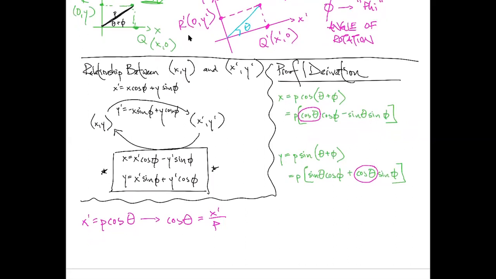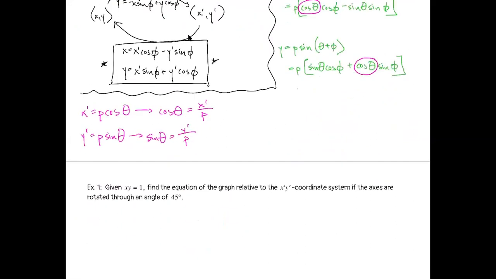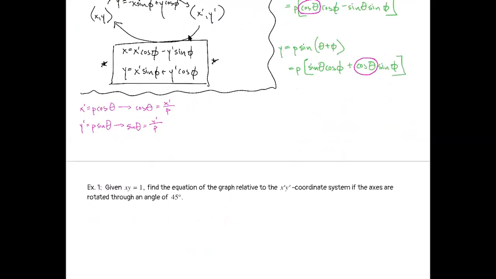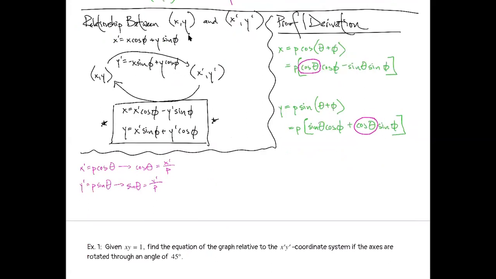And if we do the same thing for the y prime, we'll get lowercase p sine theta, which we can say sine theta is y prime over p. And so everywhere I see a sine theta, I'm going to replace sine theta here and sine theta here with y prime over p.